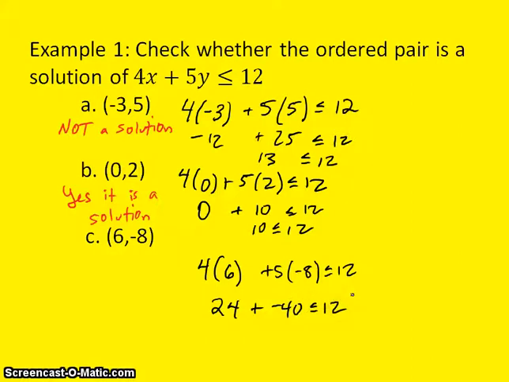We want to check whether that is less than or equal to 12, and negative 16 is definitely less than 12. So part C, yes, it is a solution. So by checking, we plug in the numbers, we simplify each side and see if the inequality is true.